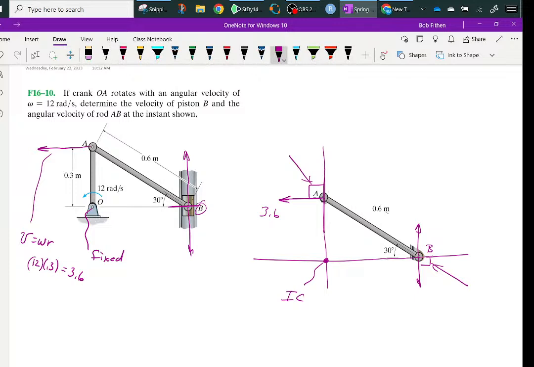So now I've got a really nice, just perfect little triangle here, which you can see why I copied that. Okay, and this is 0.3, and that's going to be 0.6 cosine 30, which I don't want to calculate. Here, I'll do it like this. 0.6 cosine of 30 degrees.